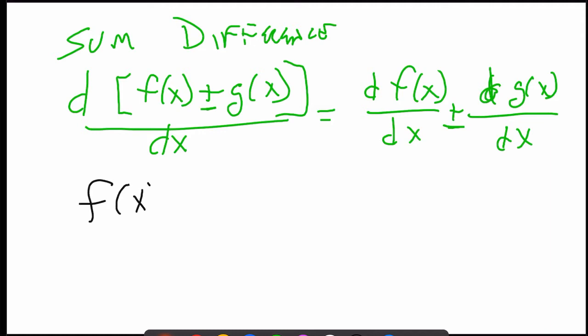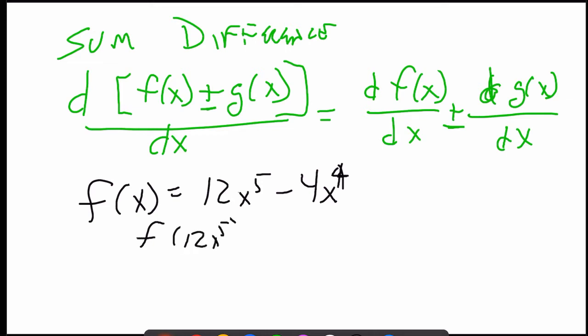We've already done this, right? So if f(x) equals 12x to the fifth minus 4x to the fourth, what do we do? We're going to split those guys up and do this one separately. We're going to say that's the derivative of 12x to the fifth minus the derivative of 4x to the fourth.